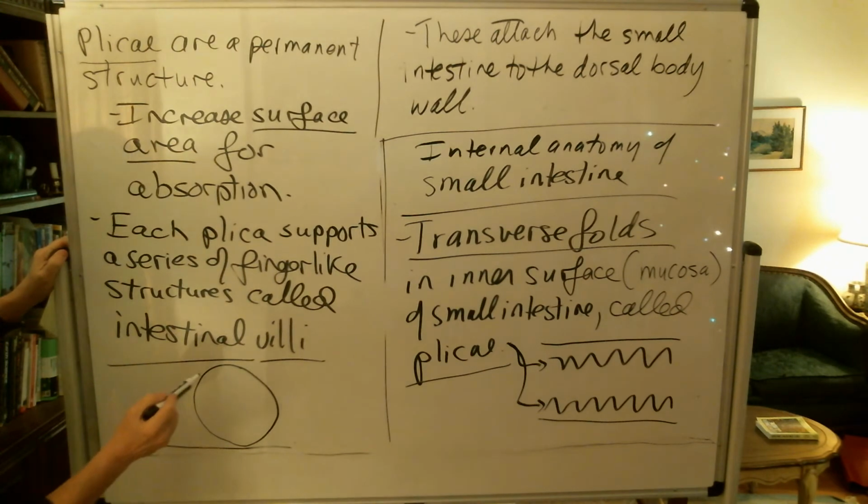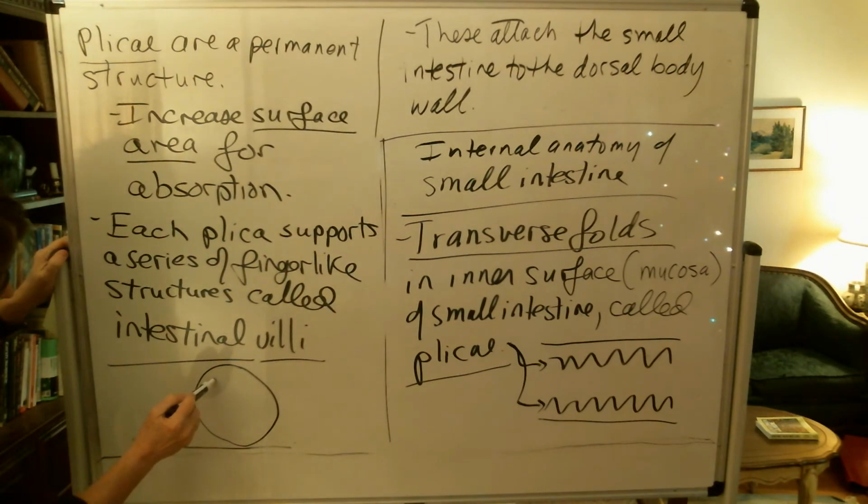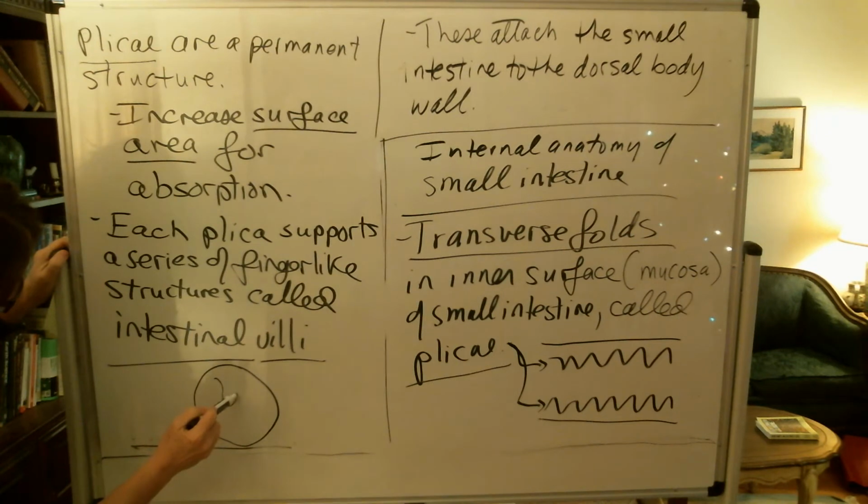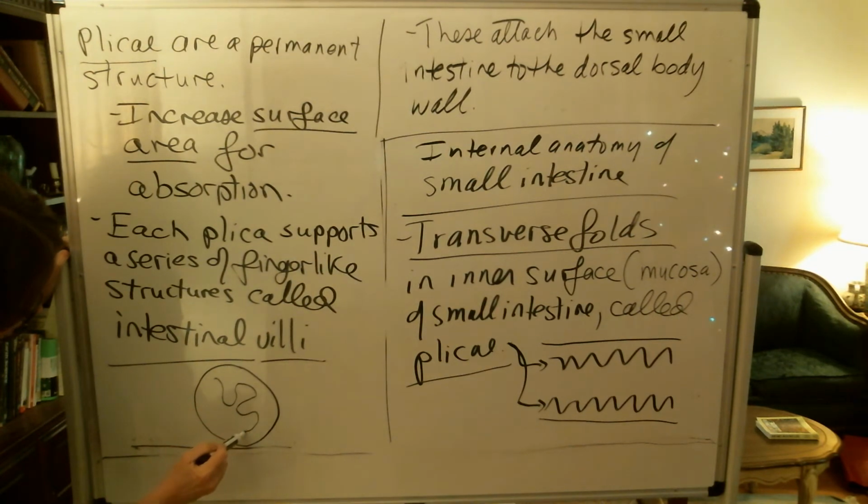But now, on each one of these plicae, what you are then going to see is these finger-like projections that go into the open area of the small intestine. So you see here's one, and here's one, and here's one, and here's one.